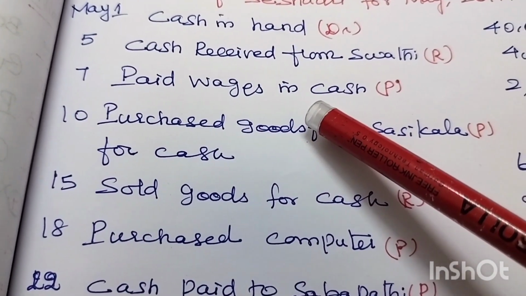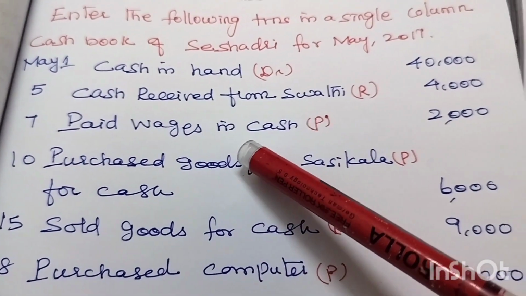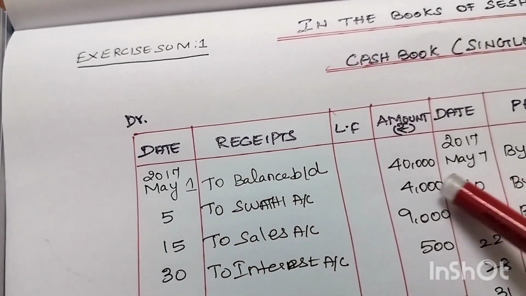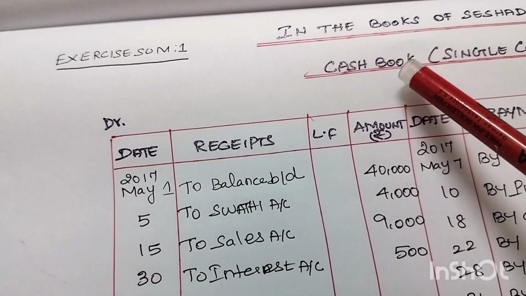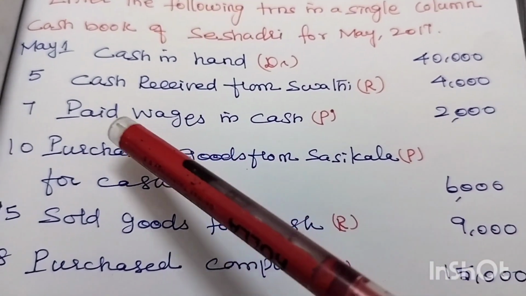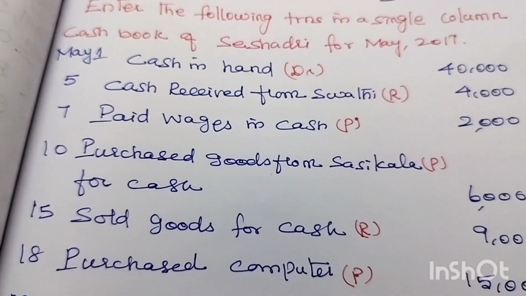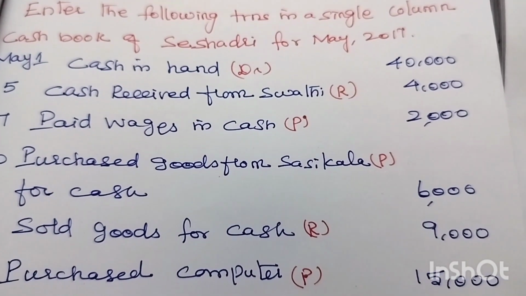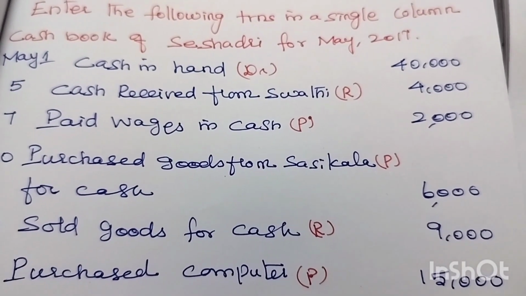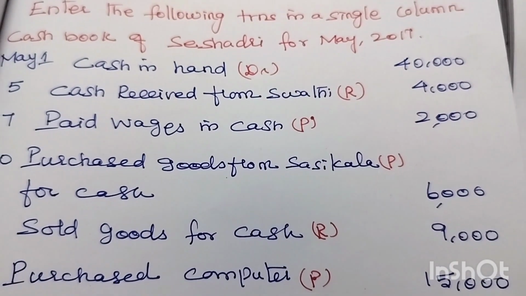What is the journal entry? The journal entry is wages account debit to cash account. This is the ledger account. You post the cash account into the ledger account. Where is the cash account? The cash account is on the credit side. So you go to the credit side.